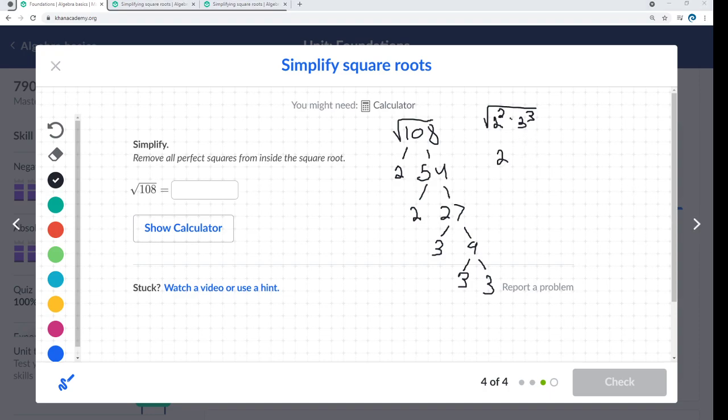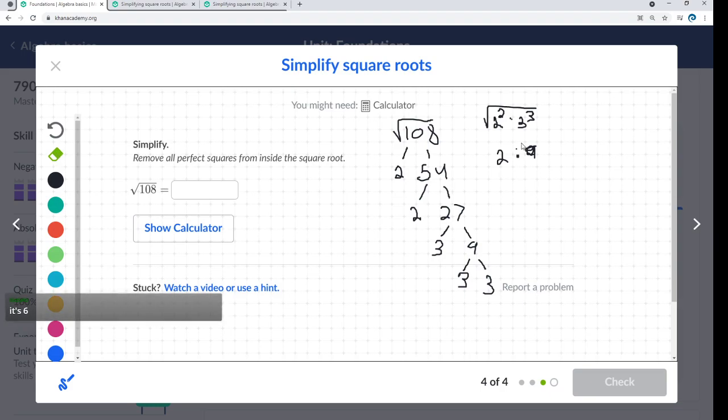And oh gosh, this one, okay. So there's nothing... Well, let's just finish it. 9. So it's what? No, not... 3 times 3 is 9.